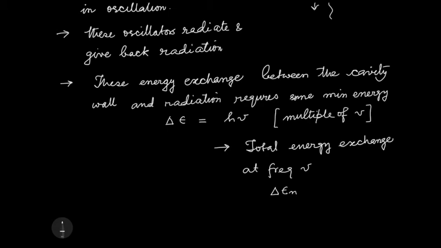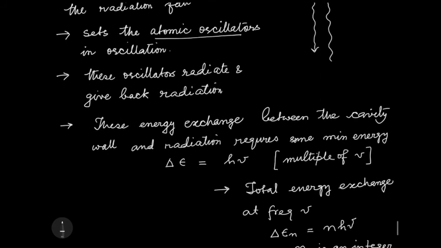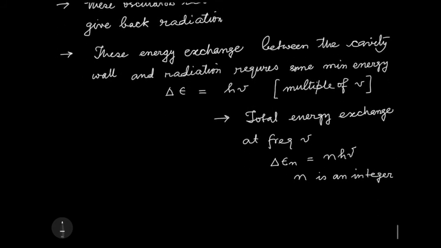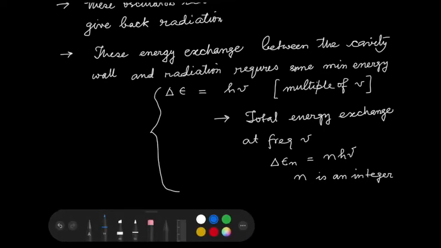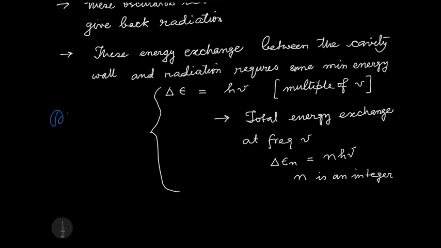So if I call the total energy exchange delta En, this has to be an integral multiple of h nu. Okay, so n is an integer. So this is what Planck hypothesized. He observed these things happening and then he said that maybe this is what is happening. And this is how physics progresses. You have to hypothesize something to explain something. So this is the celebrated Planck quantum hypothesis.